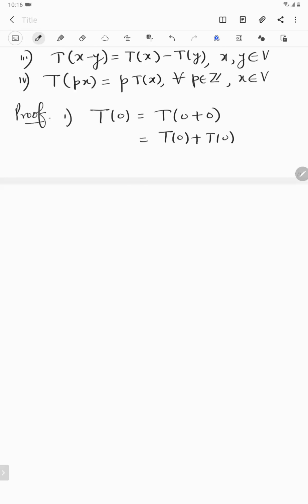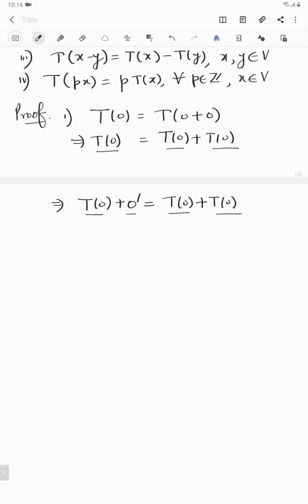Now all these terms are members of W, and adding 0 dash, the zero of W, to any term makes no difference. Since W is an abelian group, being a vector space, both the left cancellation law and the right cancellation law hold, as in the case of a general group.